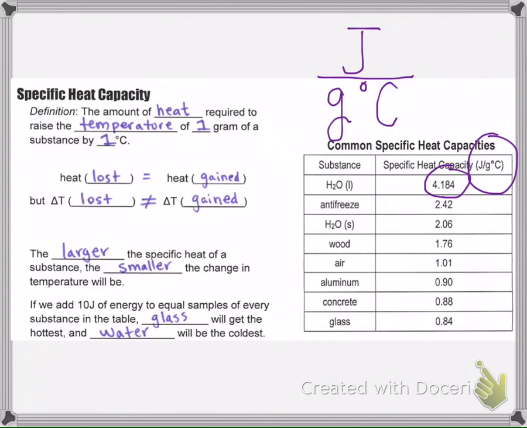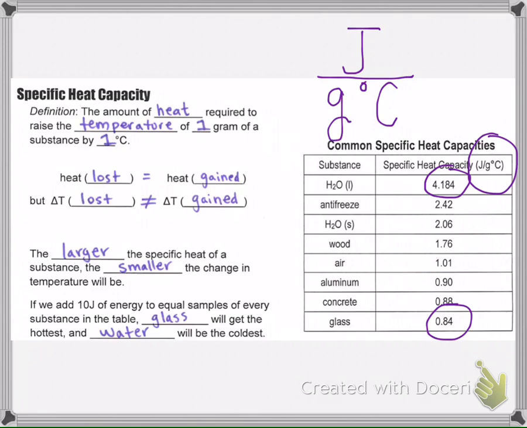Glass has the lowest specific heat of these particular examples, so it's going to have a larger change in temperature. This is one of our safety rules from the beginning of the year: cold glass looks the same as hot glass.